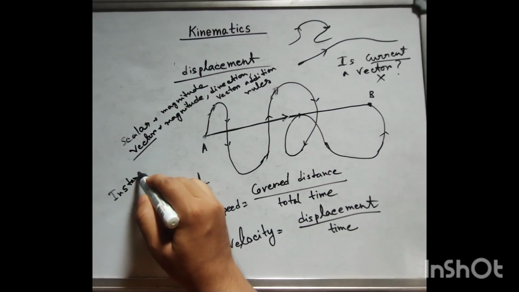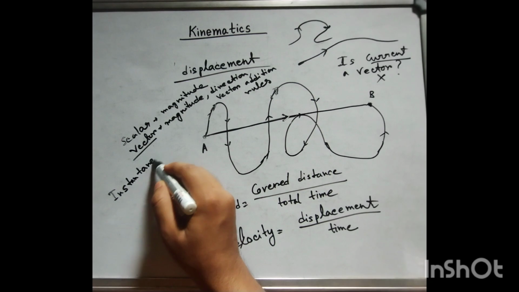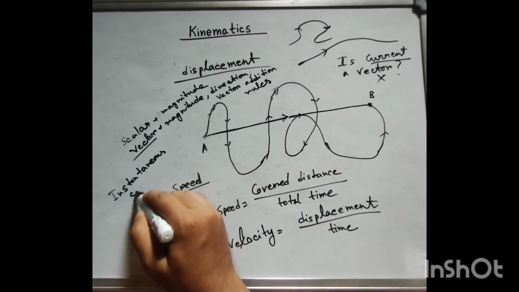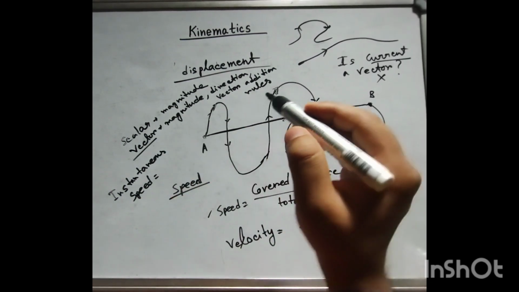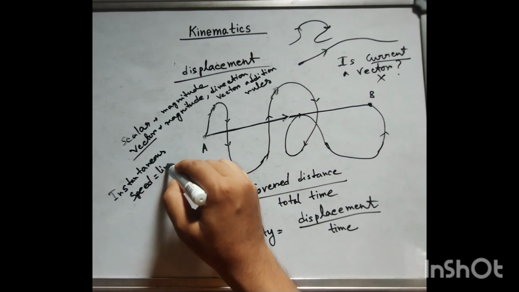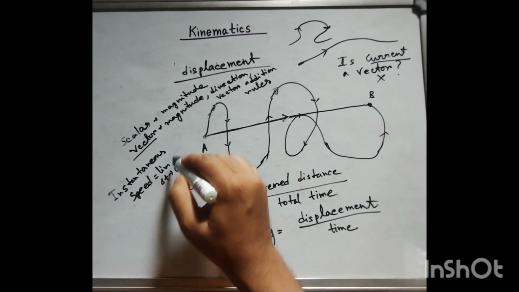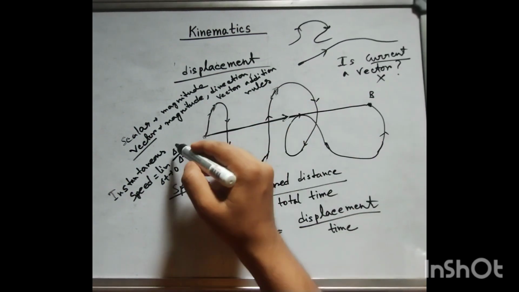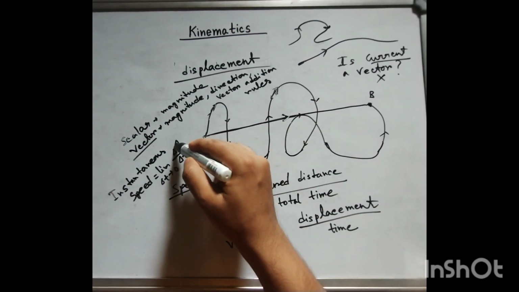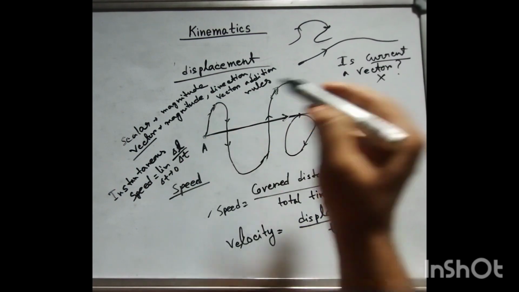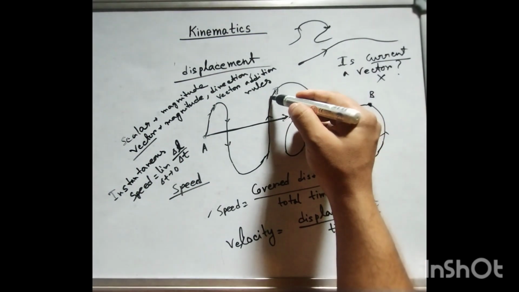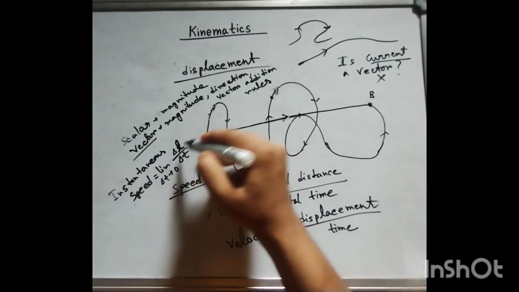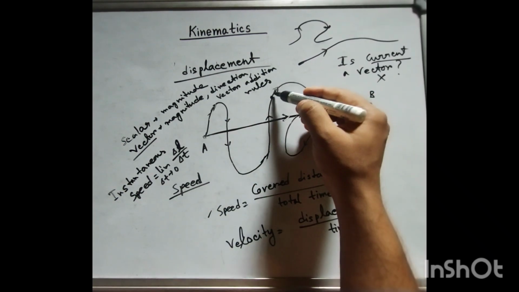Instantaneous speed means limit delta t tends to 0, delta s by delta t. Here delta s, or say delta l, denotes the distance at that point where you are trying to find instantaneous speed.